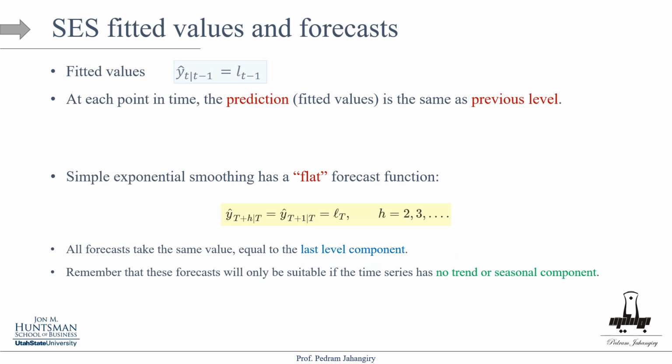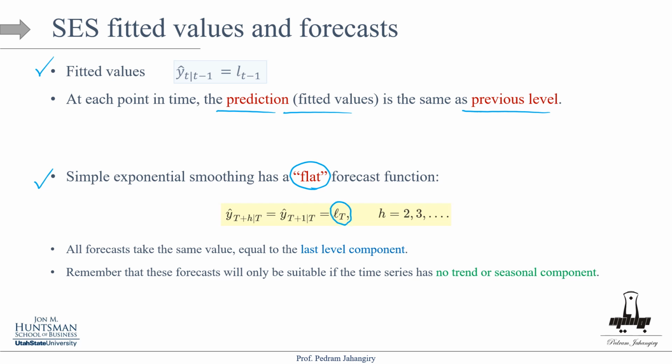Okay, so here I summarize what I said in the previous slide: SES fitted values versus forecast. For fitted values, we're going to use this formula, and for forecast, we're going to use this one. As you can see, at each point in time, the fitted value is the same as the previous level, and we know that the previous level is going to change in the train set. For forecasts into the future, all those forecasts are going to be flat forecasts, because look at that, this does not depend on h.